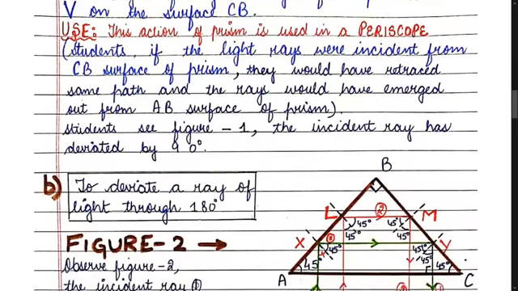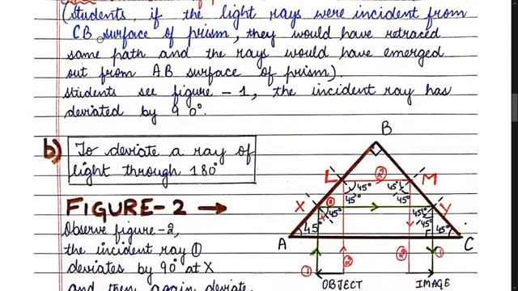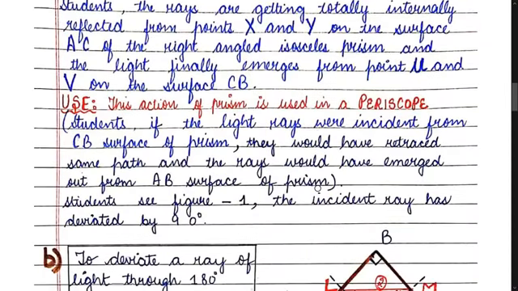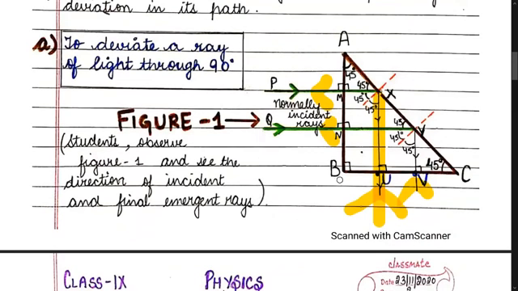So we can say that if the light rays were incident from CB surface of prism, they would have retraced the same path and the rays would have emerged out from the surface AB of the prism. So students, in figure number 1, the incident ray was actually deviated by an angle of 90 degree even if you go from CB to AB or from AB to CB.